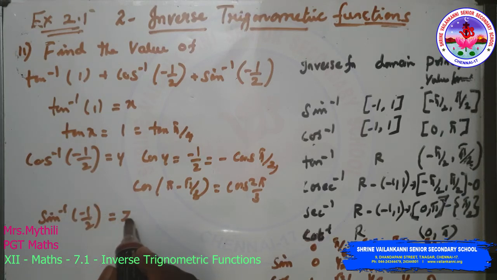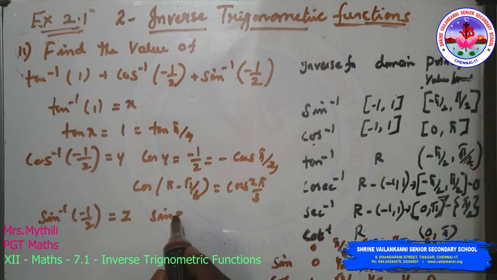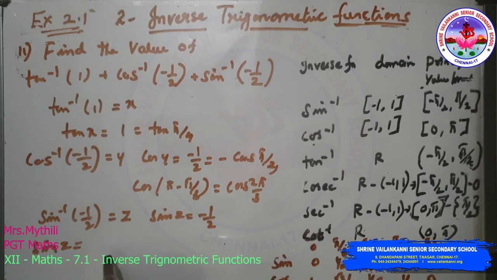And again sin inverse of minus half, which we can take as z. So sin z is minus half. Sin z equal to half is pi by 6, so minus sin pi by 6. Sin of minus theta is minus sin theta, so we can write this as sin of minus pi by 6. Minus pi by 6 lies in the range of the principal value branch of minus pi by 2 comma pi by 2.